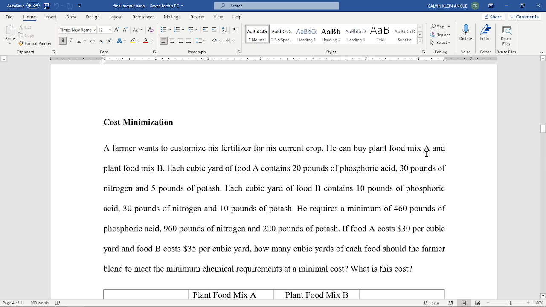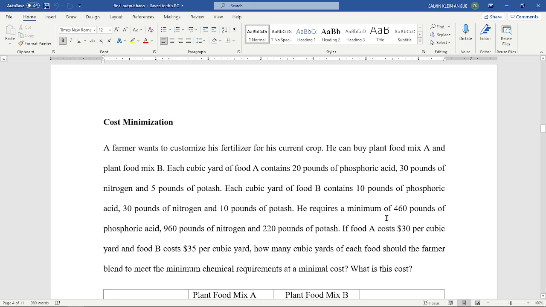So let's read the problem. A farmer wants to customize his fertilizer for his current crop. He can buy plant food mix A and plant food mix B. Each cubic yard of food A contains 20 pounds of phosphoric acid, 30 pounds of nitrogen, and 5 pounds of potash. Each cubic yard of food B contains 10 pounds of phosphoric acid, 30 pounds of nitrogen, and 10 pounds of potash.